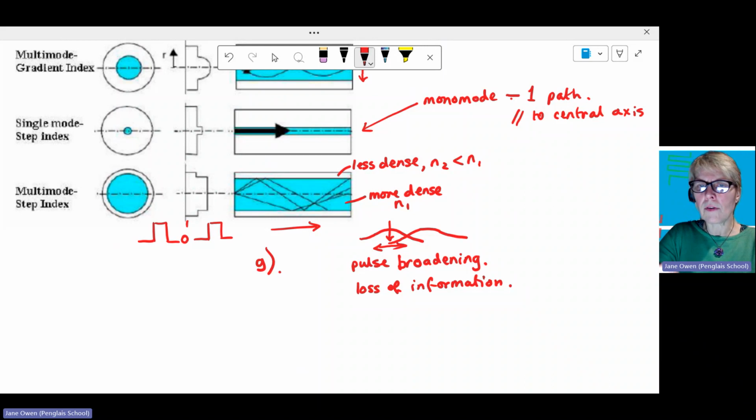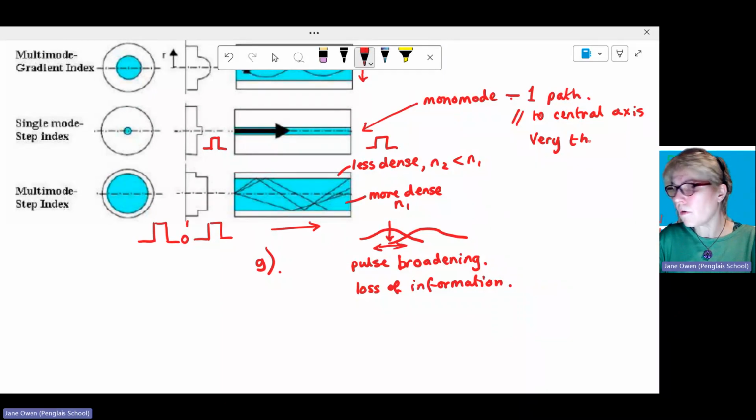So the information that goes in should stay the information that comes out, and there's less dispersion because there are no different routes it could take. There are no zigzag paths at all, and these are made by having very, very thin cores.